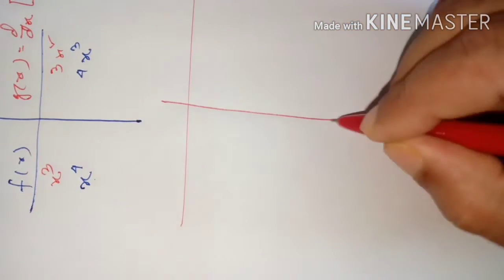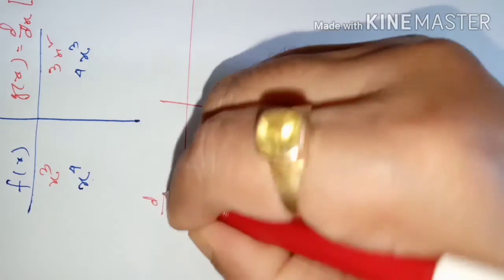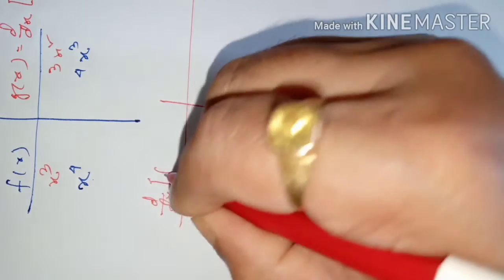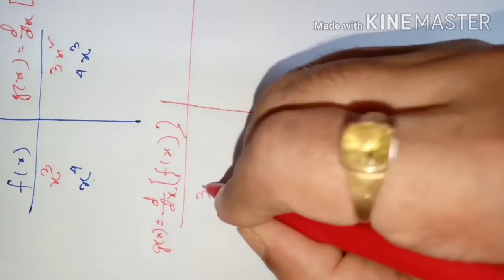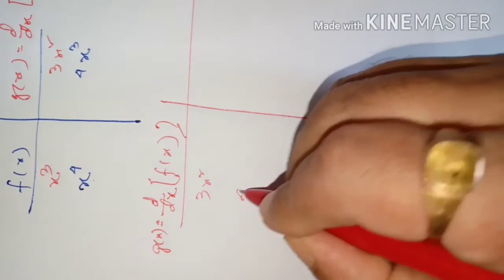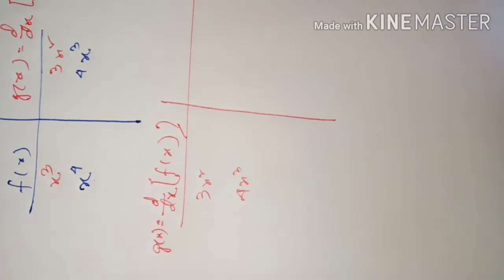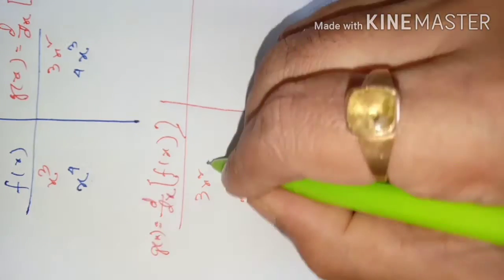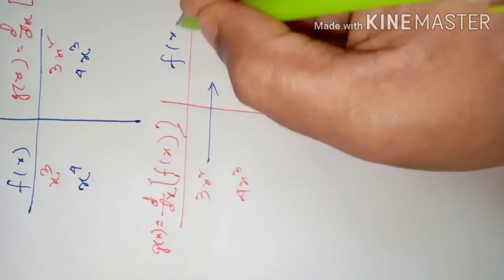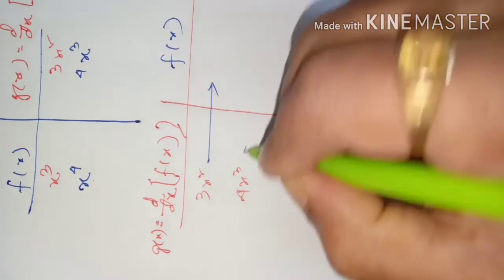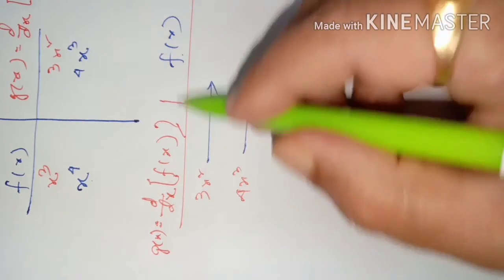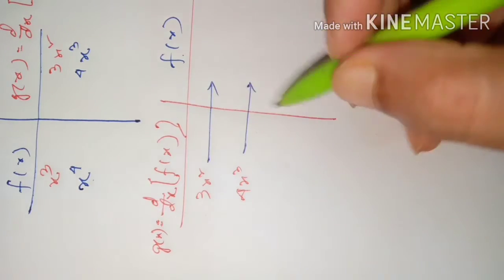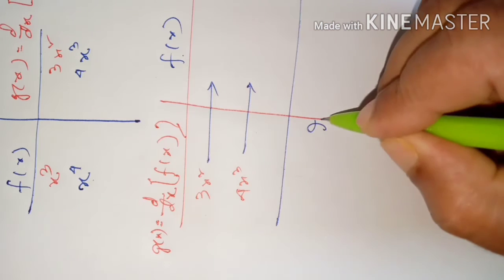Suppose I know d/dx of f of x, which is termed g of x, that is 3x squared or 4x cubed, and I want to know what was that f of x. For knowing this f of x, whatever you will do, that will be called integration.